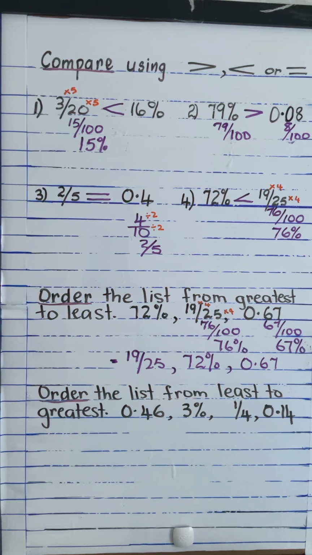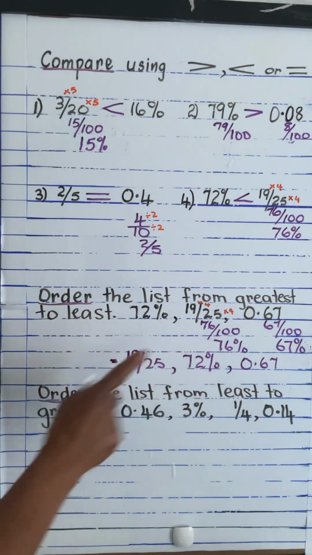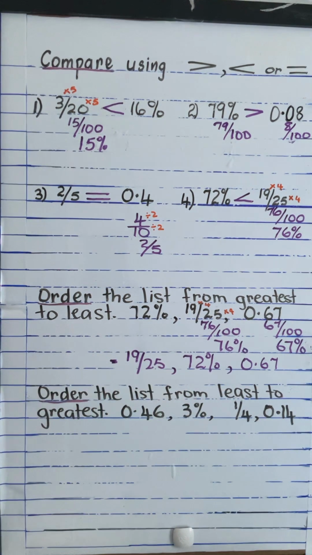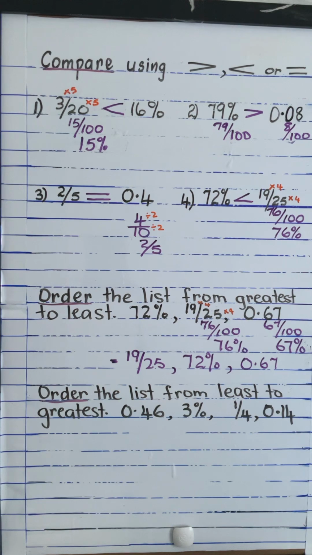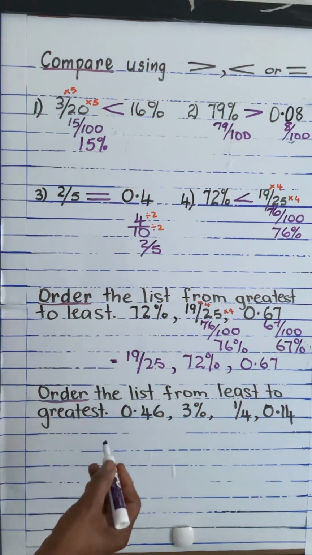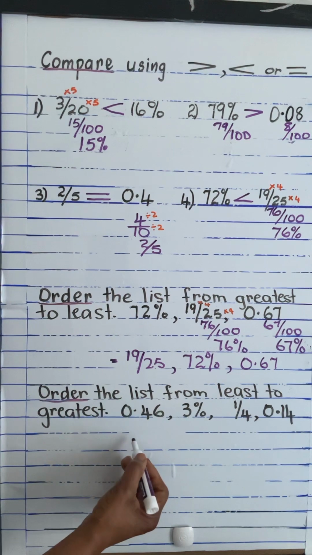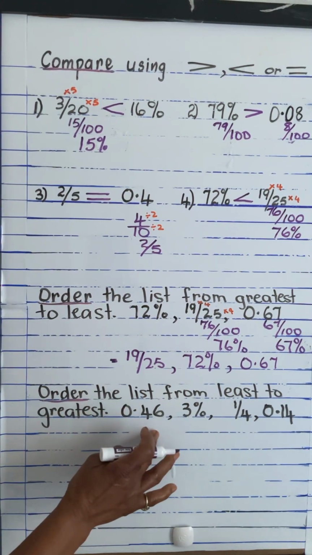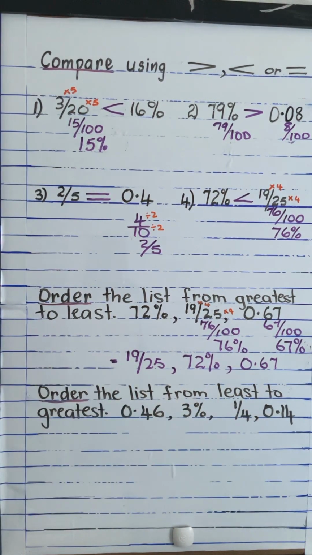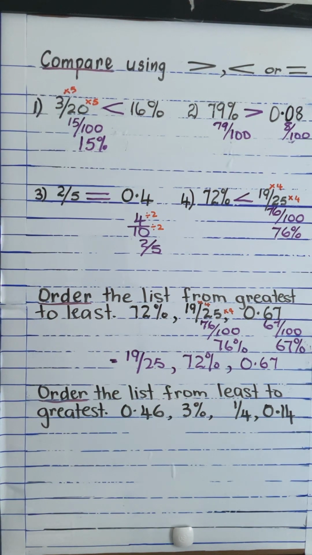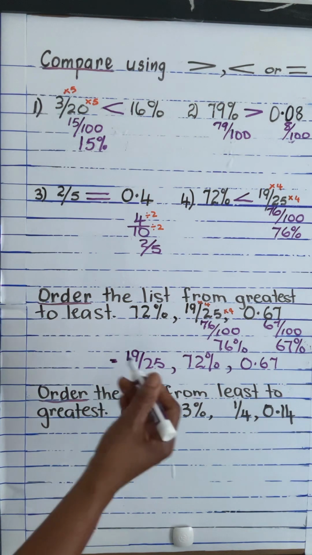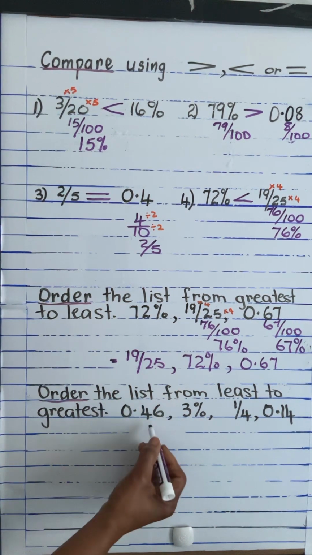Next, order the list from least to greatest. So the previous one was from greatest to least; now this one is from least to greatest. Now we have 4 numbers. Let's do decimals.